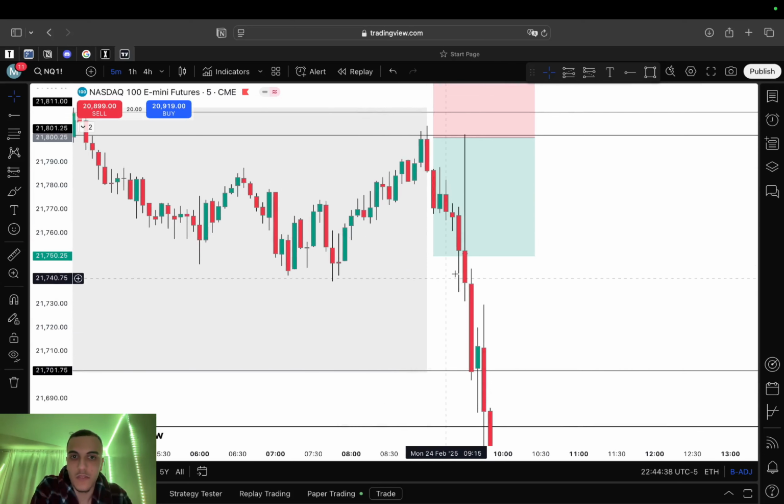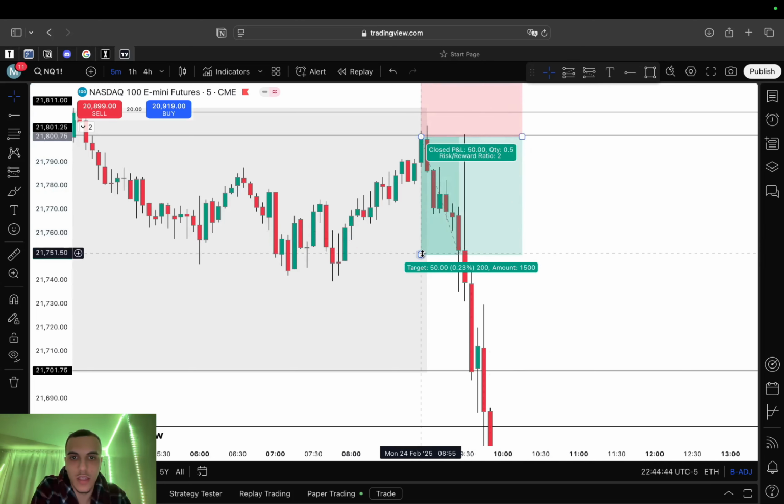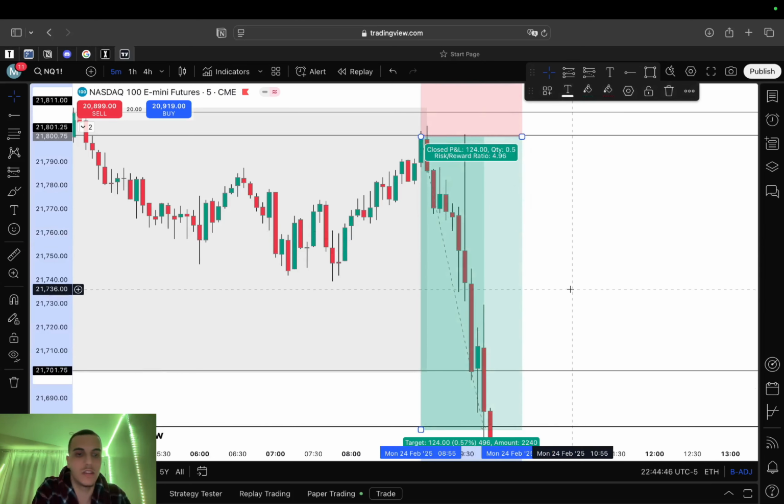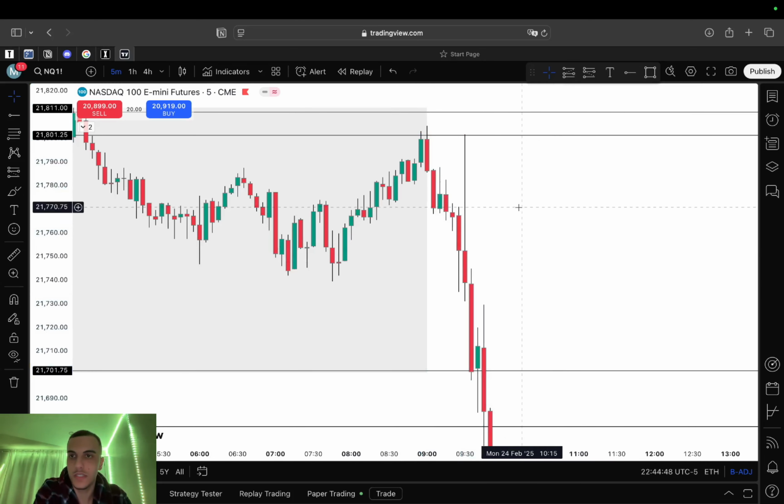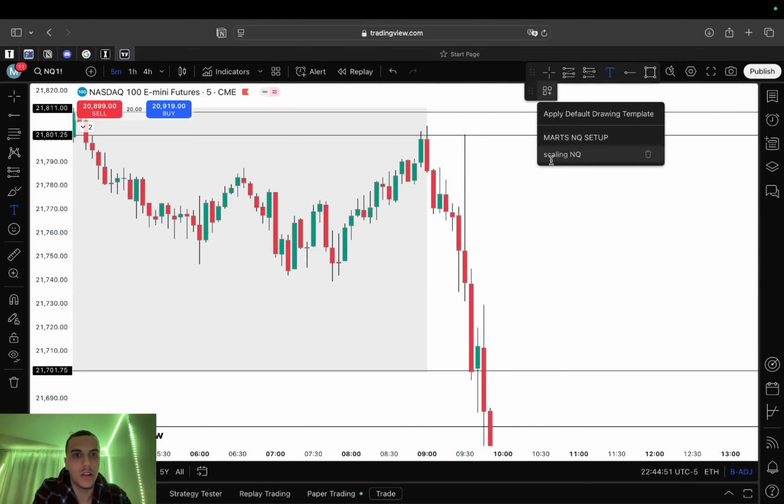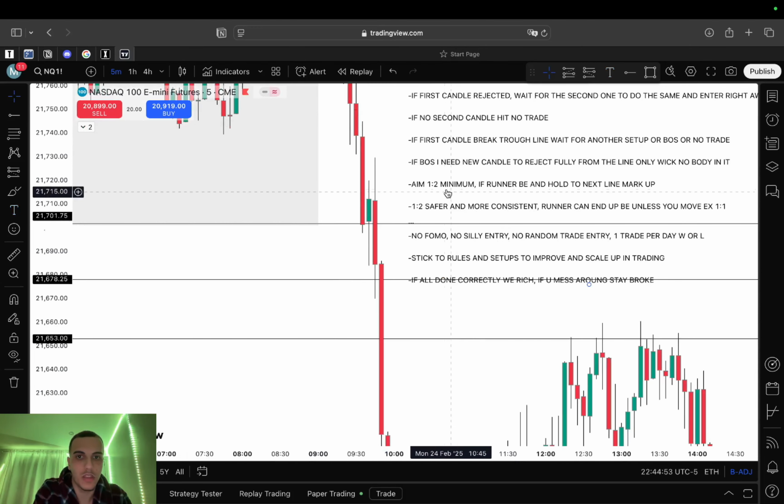And if I see the movement, if I see this day has a lot of volume going in, I could aim for the next line, and the next line. But if you want to be safe, right there I typed it. It's better. 1 to 2 risk to reward is safer and more consistent. If you want to leave a runner, you can just break even at, for example, 1 to 1 and leave a runner after that.